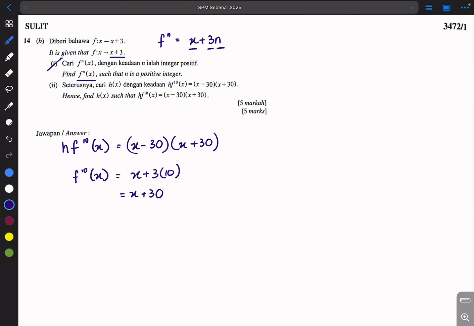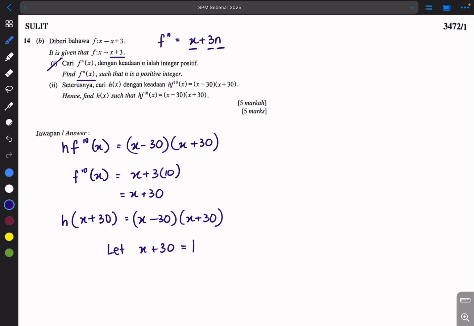So we know f^10 of x is x plus 30. So let's sub that in. h of x plus 30 is x minus 30 times x plus 30. Here to find h(x), since we have x plus 30 a few times, we can try to let x plus 30 be an alphabet.